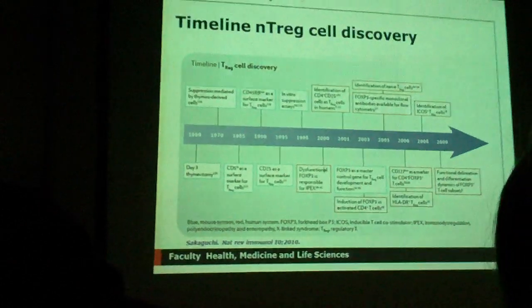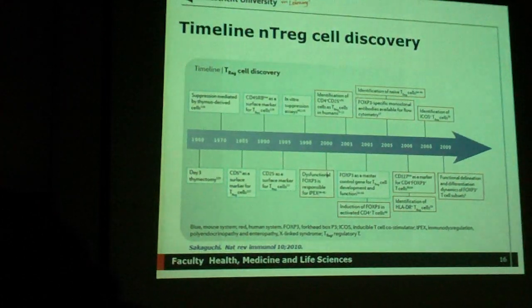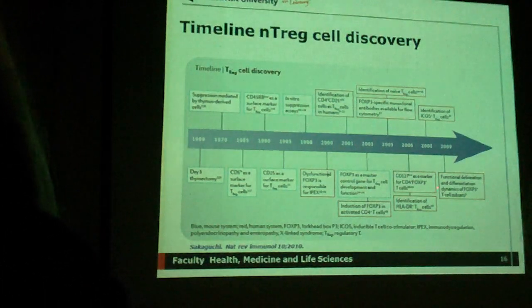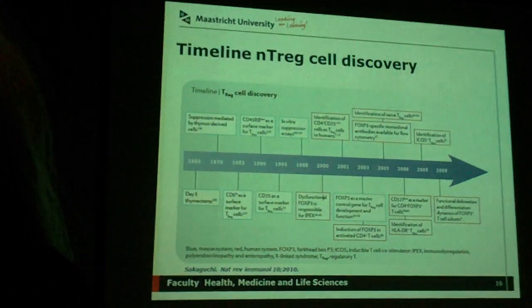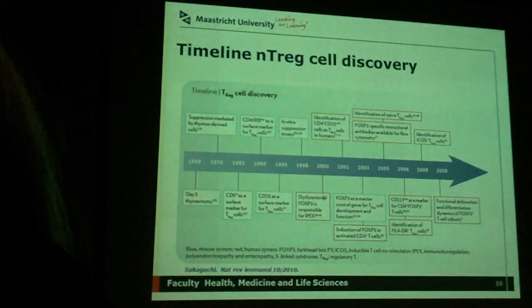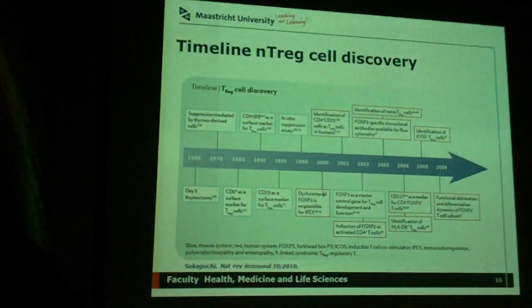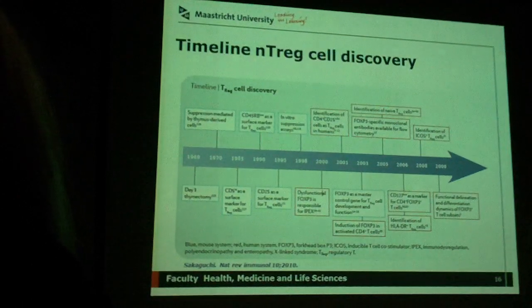So people have done a lot of research to find new markers which were exclusively present on the regulatory T cell. And later on, in 2006, CD127 was identified as a suitable marker on the cell surface that was really convenient instead of FOXP3, which is inside the cell, and which could be used as a marker for regulatory T cell.